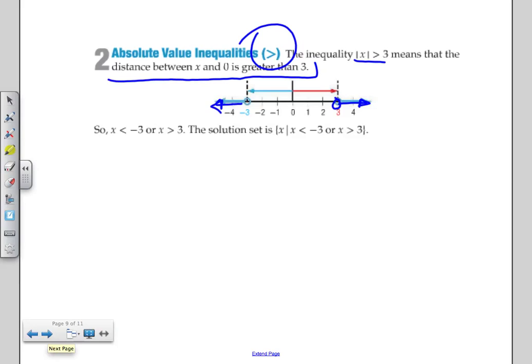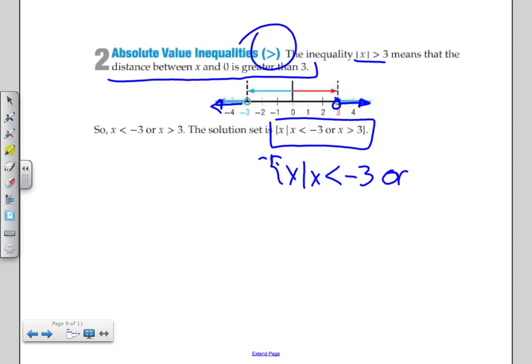All right, so the solution set for that would be x such that x is less than negative 3, and here it's going to be an or, x is greater than 3. So it's either going to be this or it's going to be that.